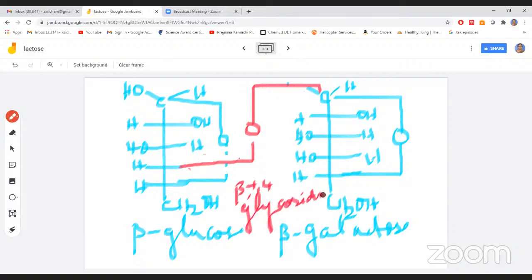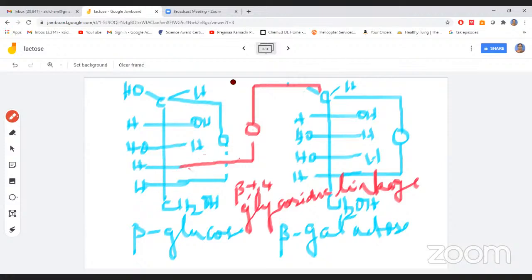You need to understand that this galactose is on the right-hand side. Galactose's first position and glucose's fourth position are linked with each other. So this is the structure of lactose.